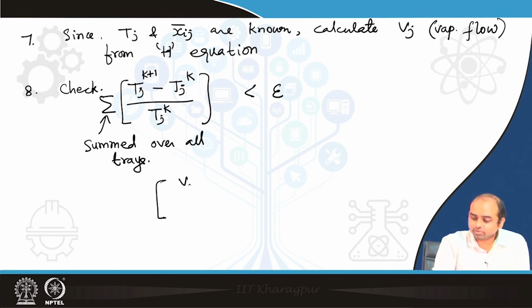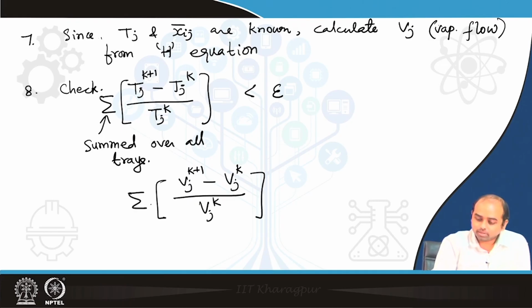Similarly, the Vj values in this case and whatever you have assumed, whether they are relatively close or not, has to be checked, again summed over all trays.